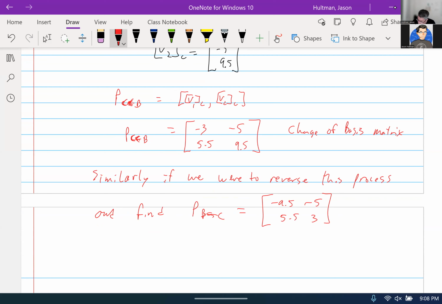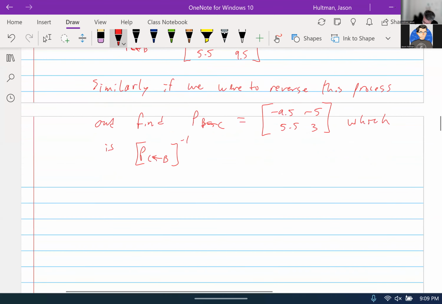Which actually is the inverse of what we got before, which is P of B to C inverse.